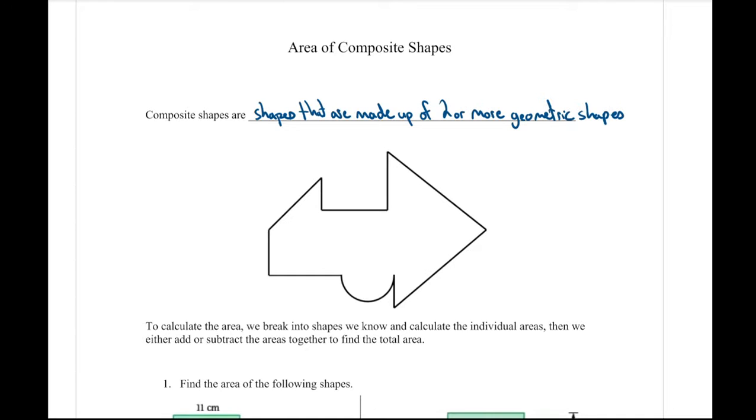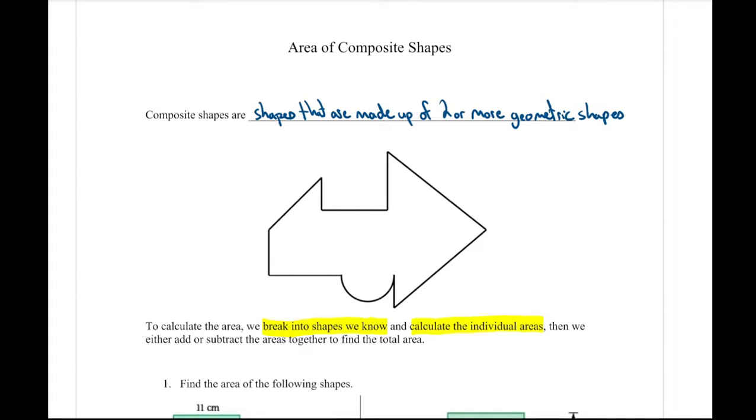The reason we do that is, if we want to calculate the area, we need to break our composite shapes up into shapes that we know. And that's where we get those standard ones, those circles, squares, rectangles, triangles. By breaking them up into those shapes, we can calculate the individual areas because we have standard formulas for those simple shapes.